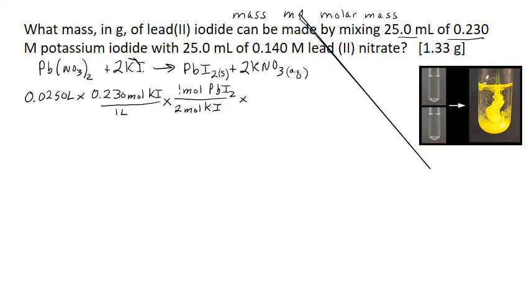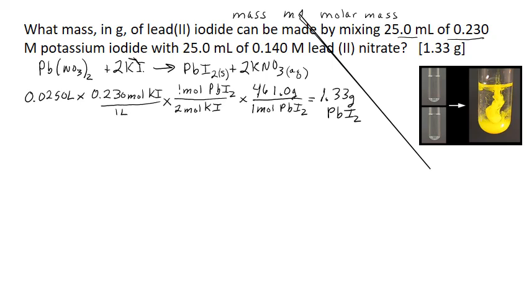And once the number of moles of lead 2 iodide is known, that can be multiplied by the molar mass of lead 2 iodide. And that works out to be 1.33 grams of PbI2.